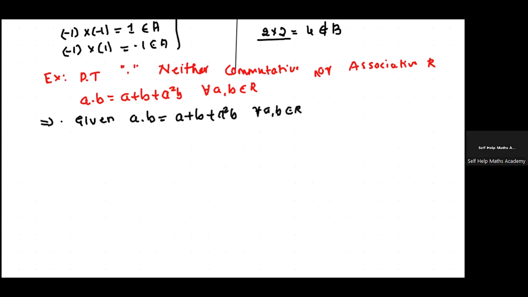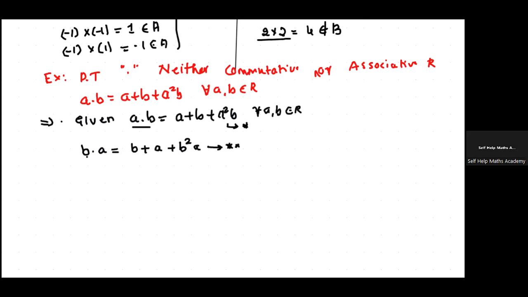Okay, so now in order to prove commutativity, I have here A dot B. I just have to check for B dot A. If I take B dot A, the defined binary operation is the first element plus the second element plus the first element squared into the second element. If I take this as star and this as double star, you can observe both are not the same.